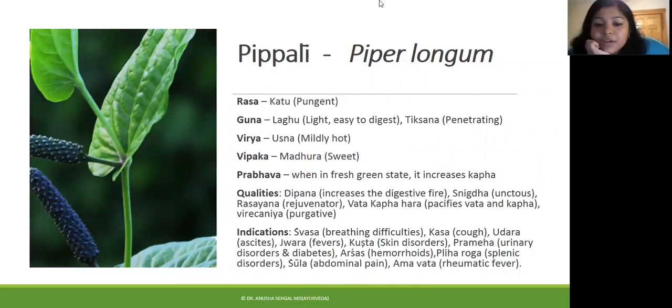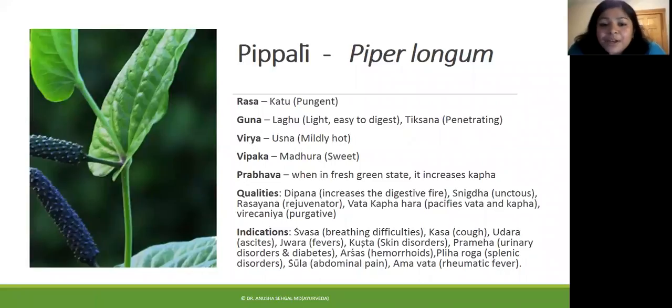The virya or potency is ushna, and the difference here is that Pipali is mildly hot because it's a fruit. This Pipali is indicating the fruit part. So it's not very hot, but mildly hot.